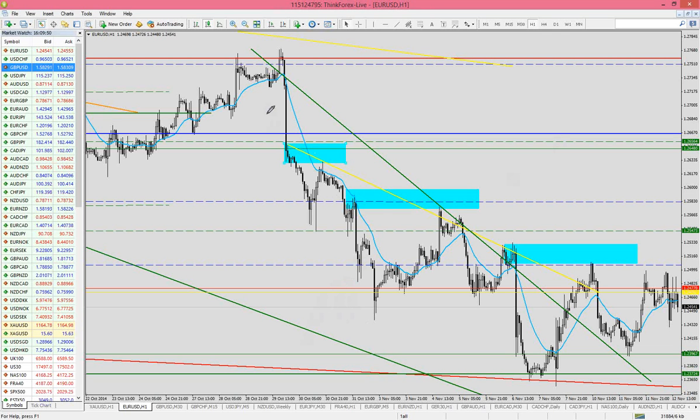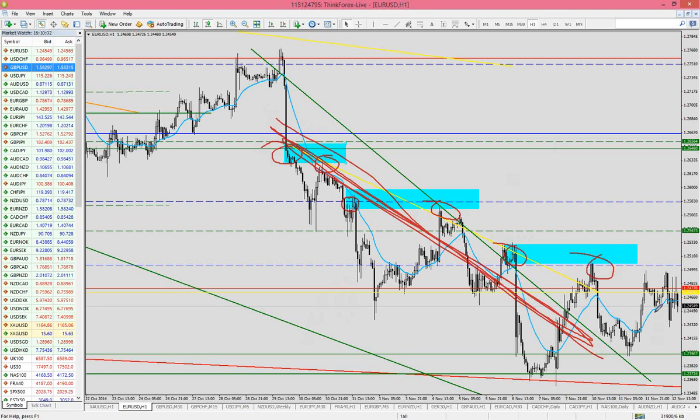As of now, looks like this supply has been taken out already. This supply has been taken out already. This supply has been taken out already. So most probably there is no supply. So once we are going to break out, retest, hold, we may see the rally towards 27.50. So that's the reason I put in my comment that it's to be or not to be for USD.